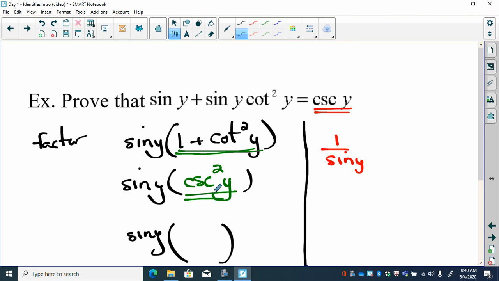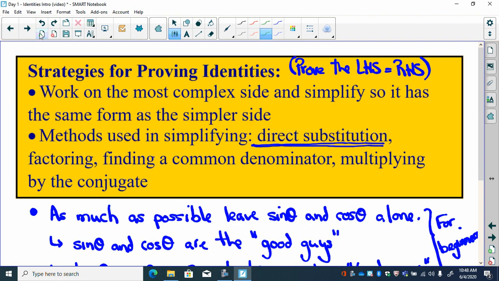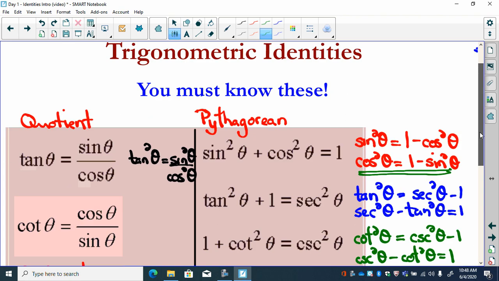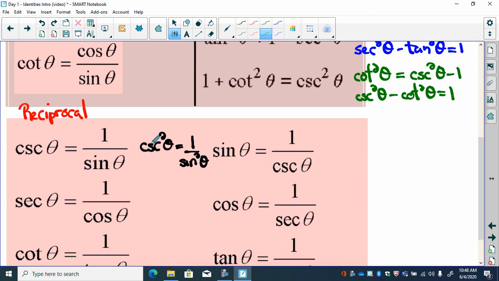Okay, this can go from 1 plus cotangent squared y to cosecant squared y using a Pythagorean identity. But now it can also go to a 1 over sine squared y if I use my reciprocal identities. Cosecant squared y is 1 over sine squared y, or cosecant squared theta is 1 over sine squared theta.